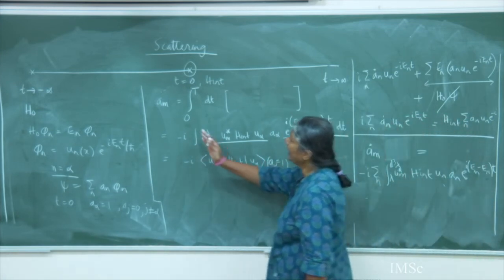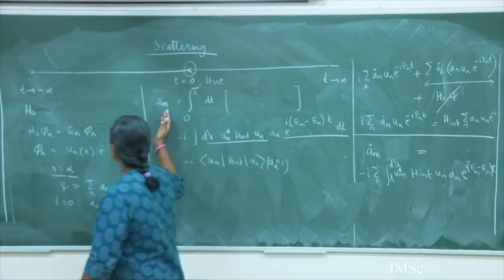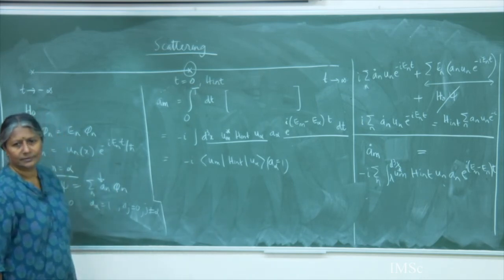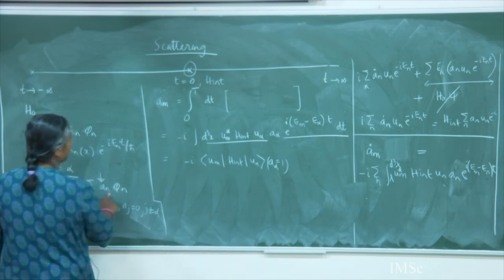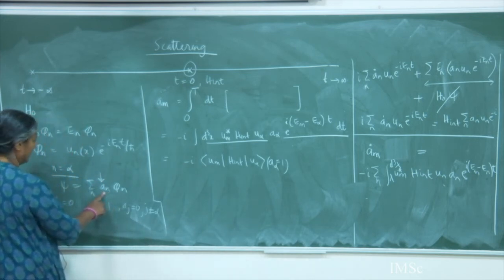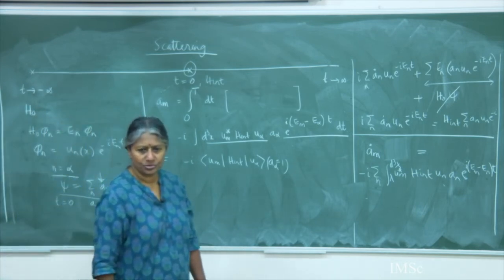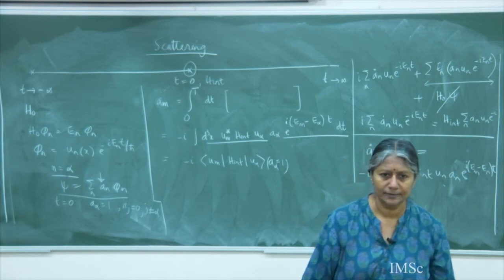It can transit to any one of these m's, and the probability of transiting is what we're going to find out. Once I know what all m's are non-zero at a time capital T, then I can write psi in terms of those a_m's at some future time capital T, right?